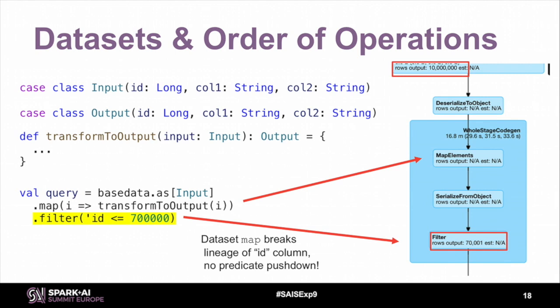You may not actually be using all the columns within your case class if you're doing a map potentially. So it may be worth looking at your task statistics to look at things like garbage collection time that might be impacting performance. But I think the biggest issue is just being aware, like you said, of the filter, right? Being aware that you're not necessarily pushing the predicates down to the source.